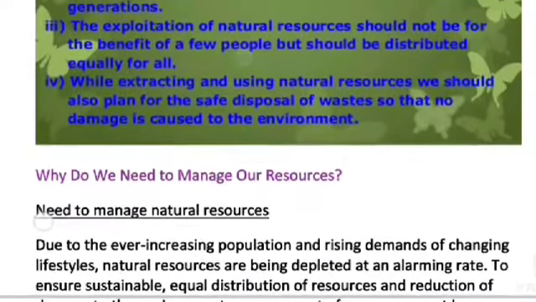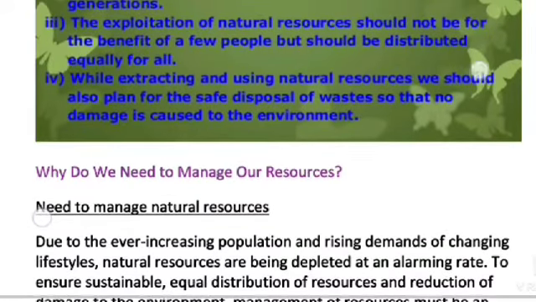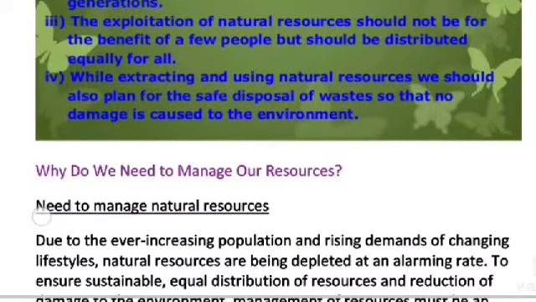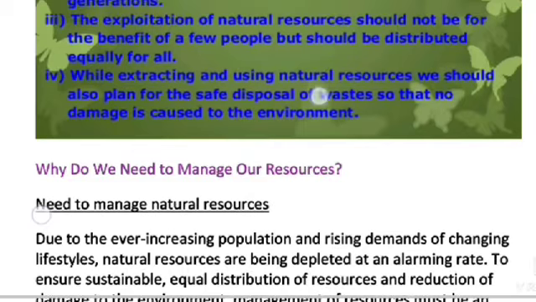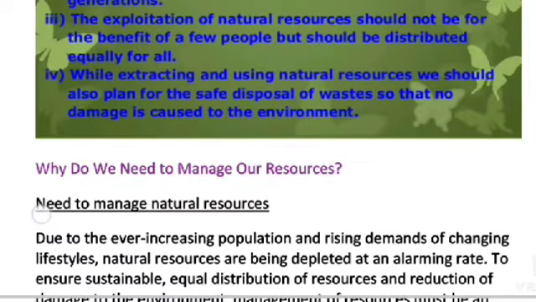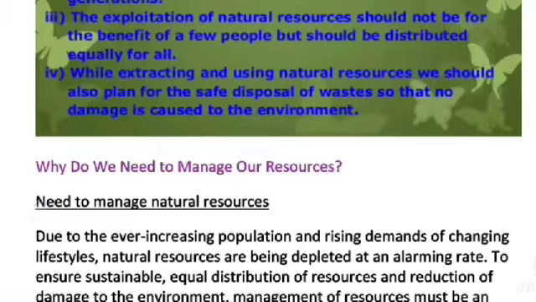While extracting and using natural resources, we should also plan for the safe disposal of waste so that no damage is caused to the environment.